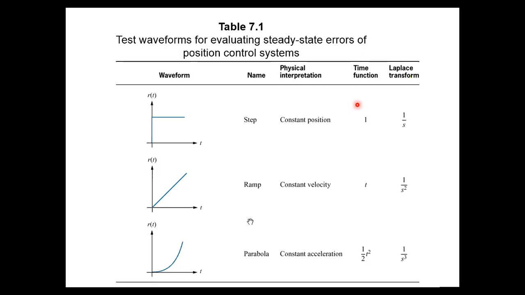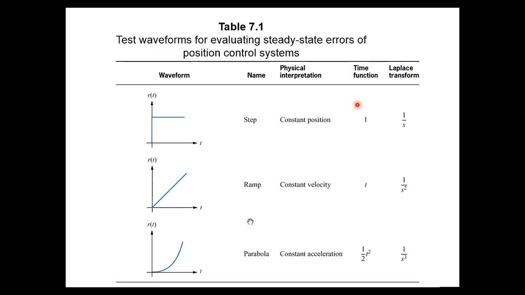Similarly, the ramp input represents a constant velocity input to a position control system by its linearly increasing amplitude. These waveforms can be used to test a system's ability to follow a linearly increasing input, or equivalently to track a constant velocity target.